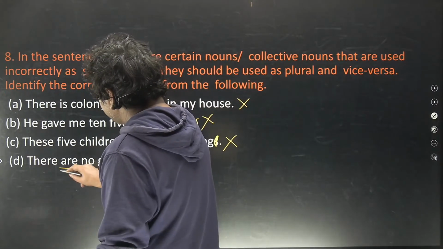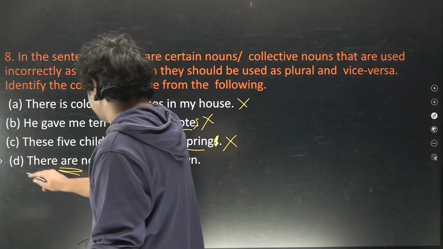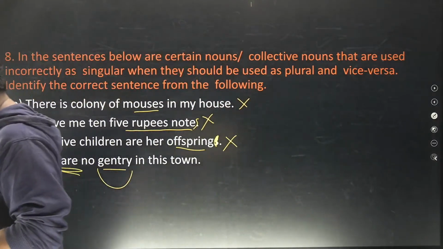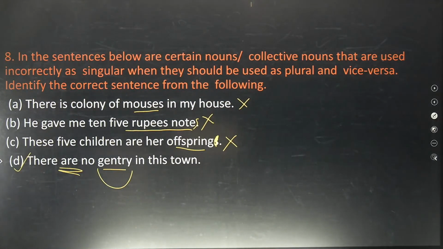That is why we use are. All right. Can anybody give me another example? An example which has the same kind of word as gentry, which is plural, but looks like it is singular. Come on, come up with an example.